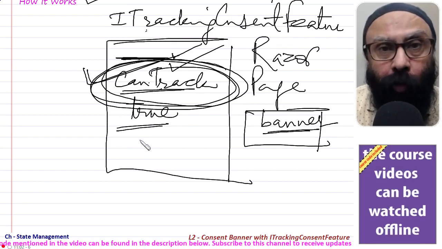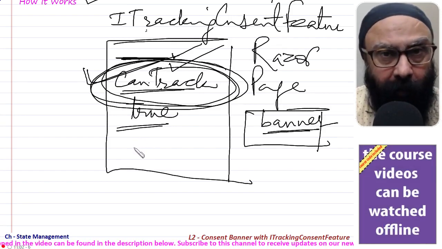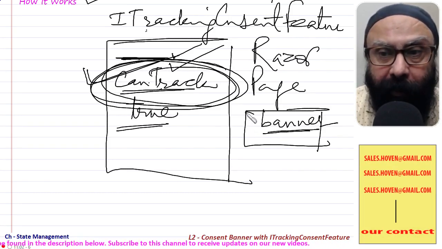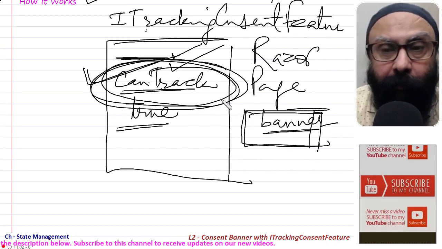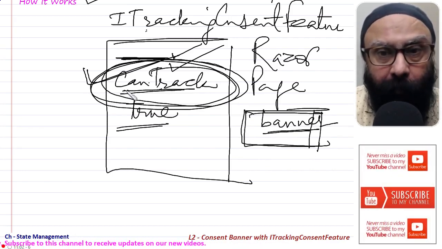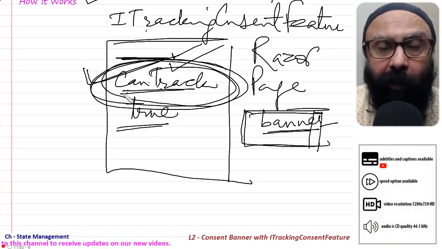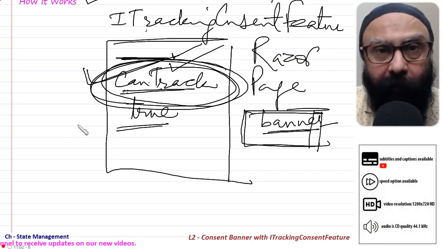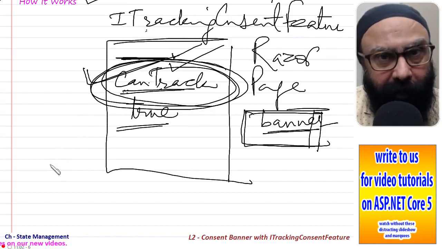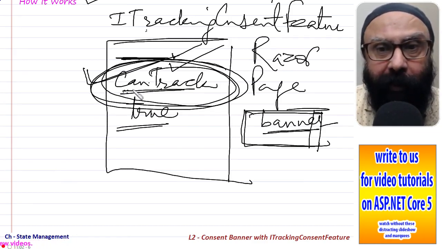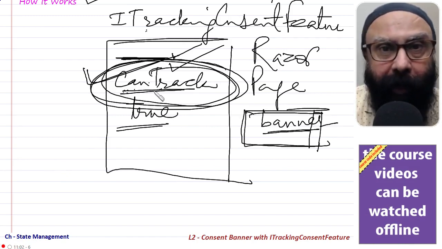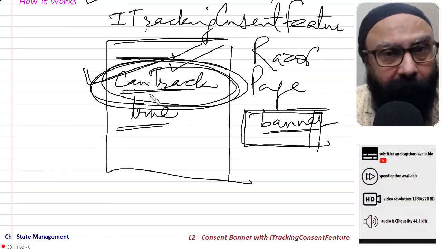Now once you know that the banner has to be shown, what happens? This CanTrack property reads a cookie present on the user's machine. If the cookie is present, then CanTrack is true. If the cookie is not present, CanTrack will return false.